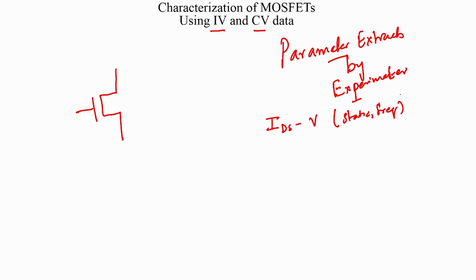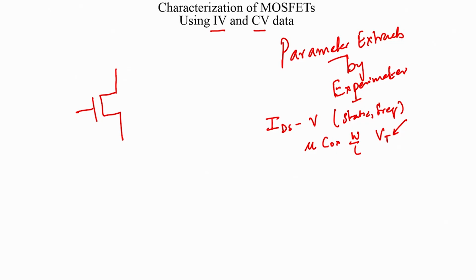Okay. And we essentially want to identify all these parameters, mu, Cox, W over L, Vt, so that we can then start writing equations for the MOSFET and start defining the behavior of the MOSFET.